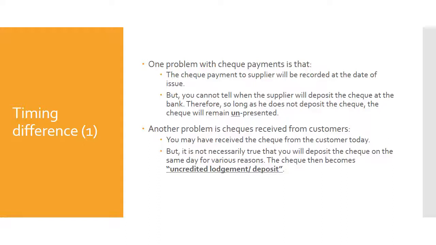Let me explain. For example, check payment. The check payment to a supplier will be recorded at the date of issue. So you may issue the check today, and it's recorded in your cash book today, but you cannot tell when the supplier will deposit the check at the bank. So long as he does not deposit the check, it will remain unpresented, and therefore it will never appear in the bank statement.